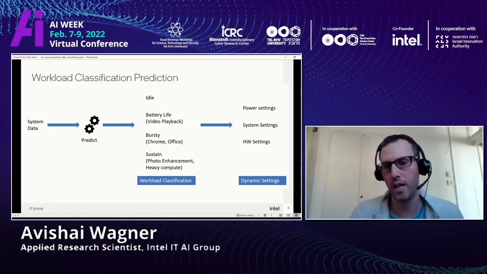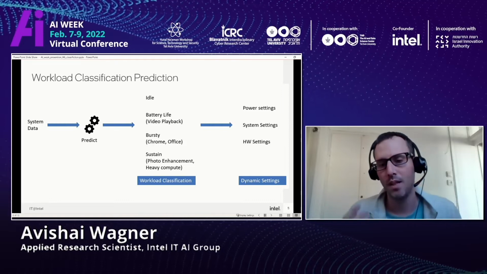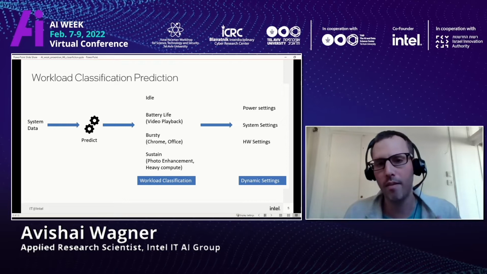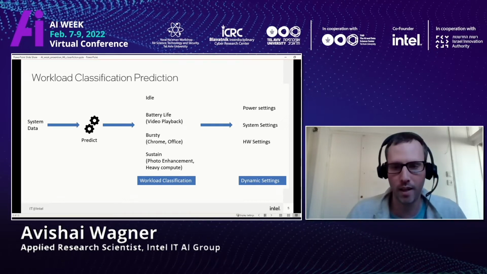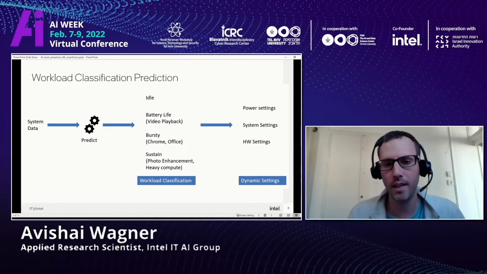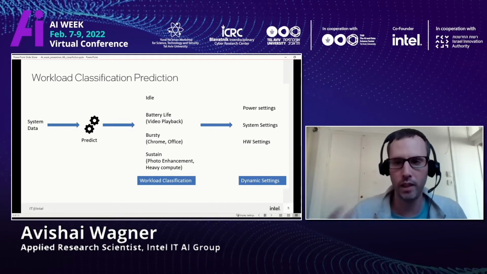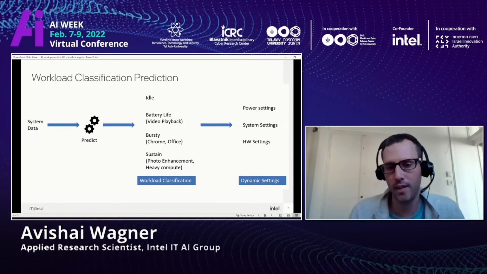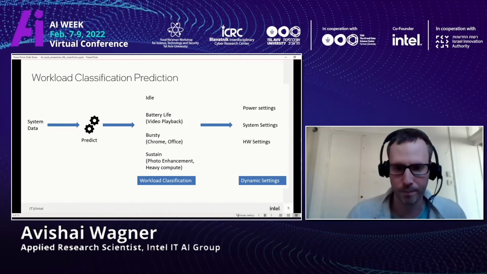You can think of working with Excel, for example: most of the time you are not doing something really heavy, but sometimes you need, for a short time, a high amount of power. And the last workload is sustain. In sustain mode, power is really high all the time because you are doing heavy compute for a long time, like a deep learning run or rendering an image.